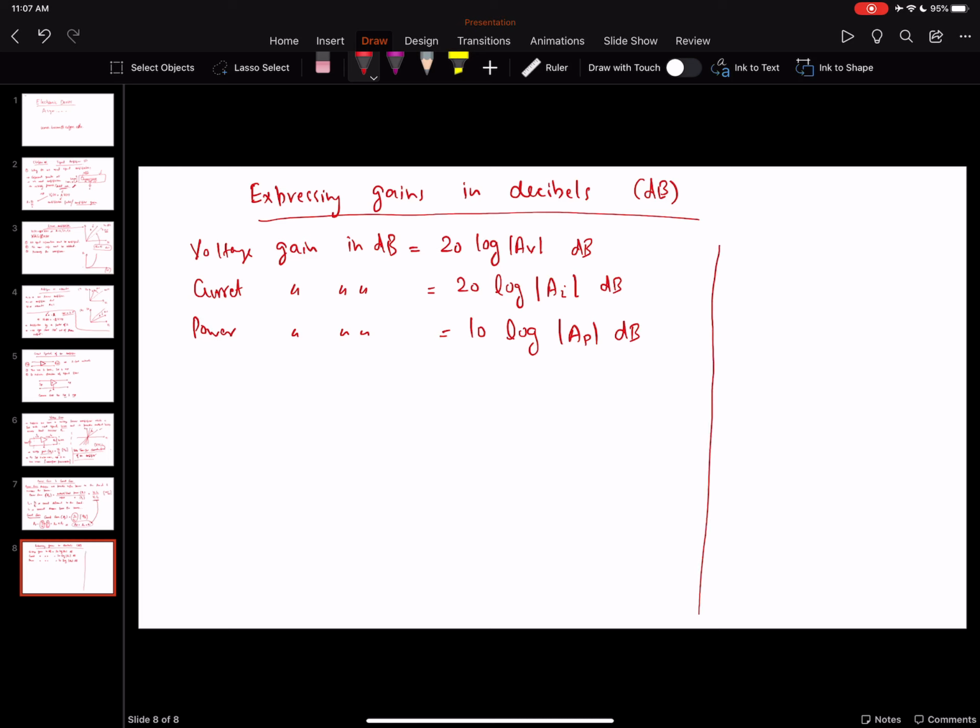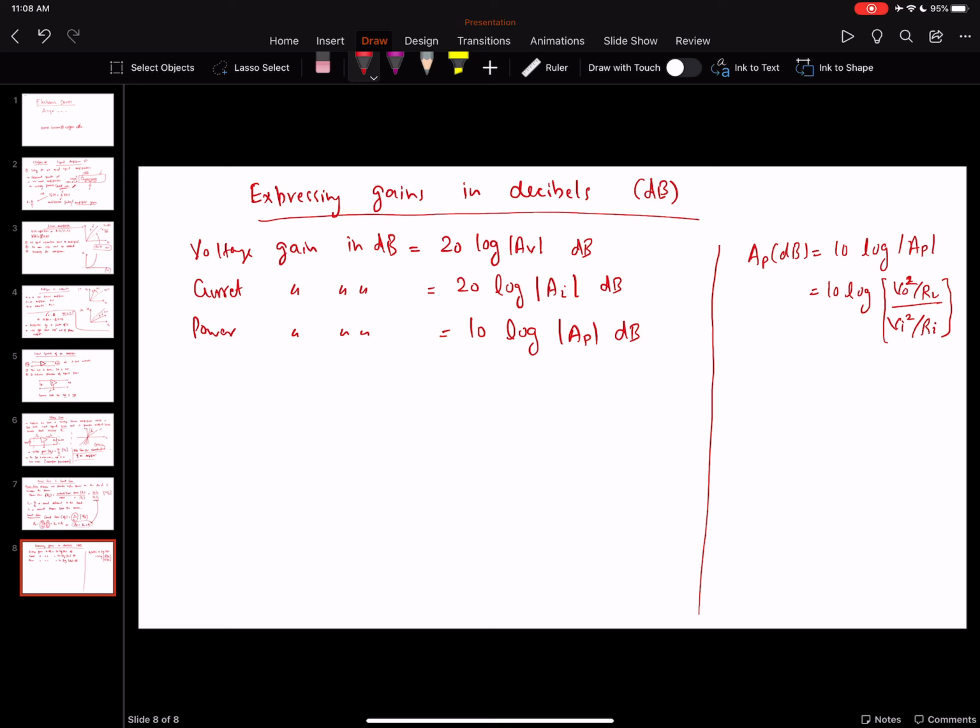Our power gain in dB is 10 log of AP. So what is AP? Our AP is V naught squared over RL over VI squared over RI.